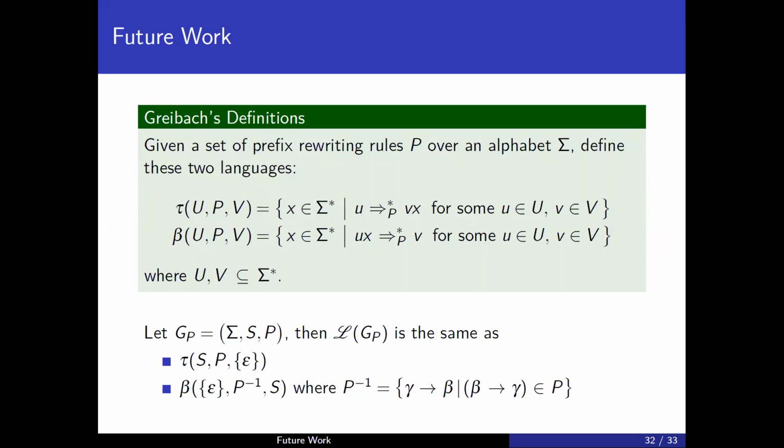We're particularly interested in this because we can take our prefix grammar definition, and then we have that the language of our prefix grammar is the same as tau when we replace our definitions into hers. And then we can also have it equivalent to the definition for beta, where we consider the productions in reverse order. Our question would be, can we get right linear grammars in polynomial time for these?